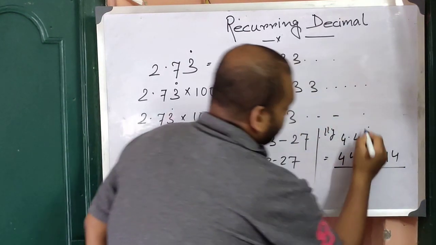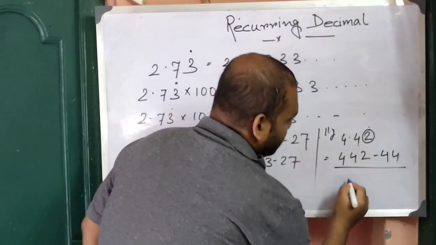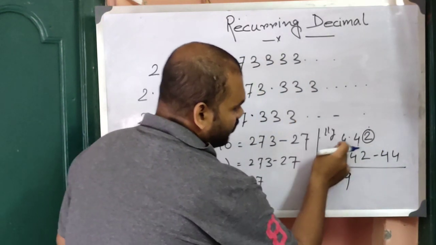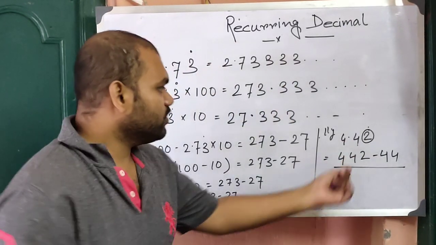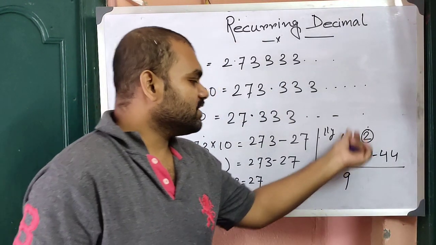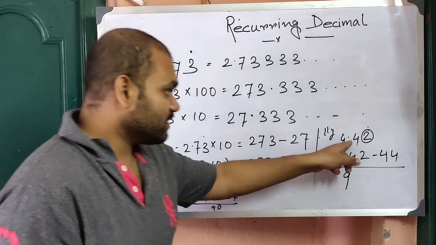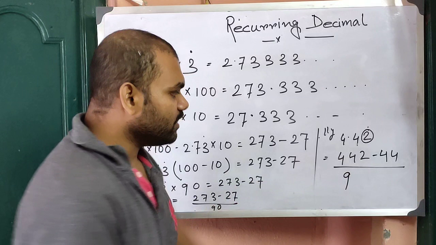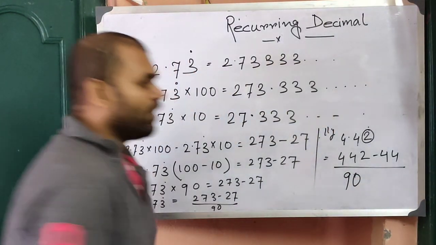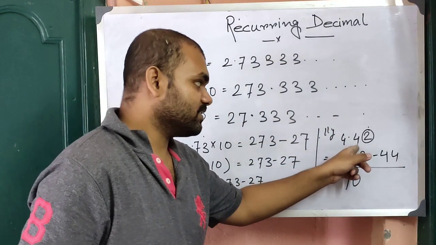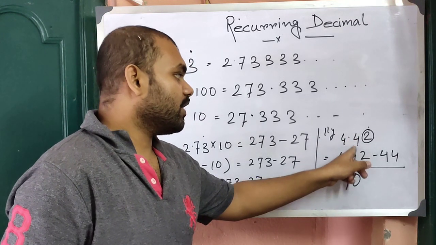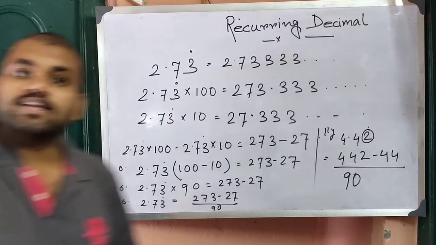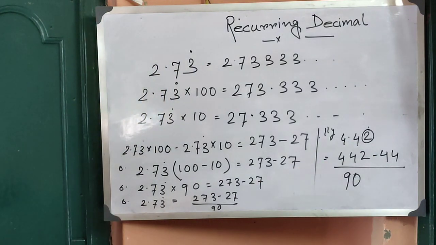Then for recurring, how many digits are there? Only one digit, so for that 9. And for the digits after the decimal point, how many non-recurring digits are there? Only one. So for that only write 10, not 20, only write 10. You need to count the number of non-recurring digits placed after the decimal point. So very easy to remember.